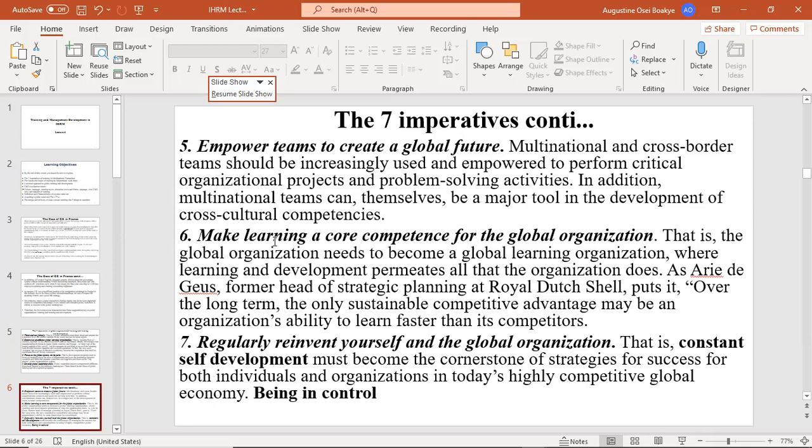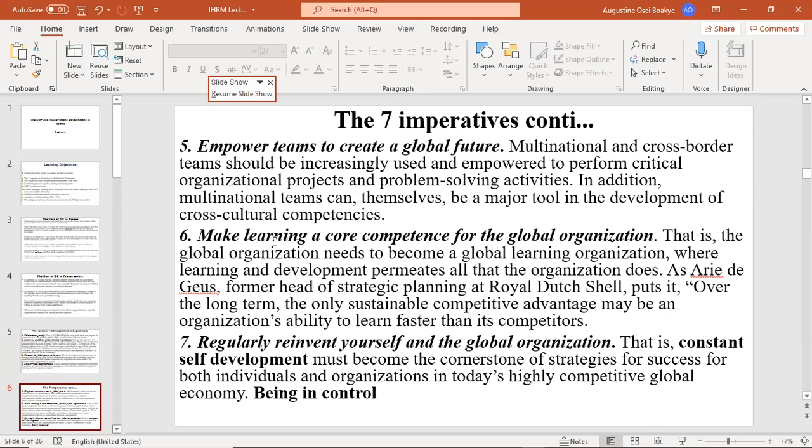And the last imperative is that you regularly reinvent yourself and the global organization. And the bottom line of this imperative is that as a multinational enterprise, you have to be in control or be in charge of your success and be able to control things that can make you fail.